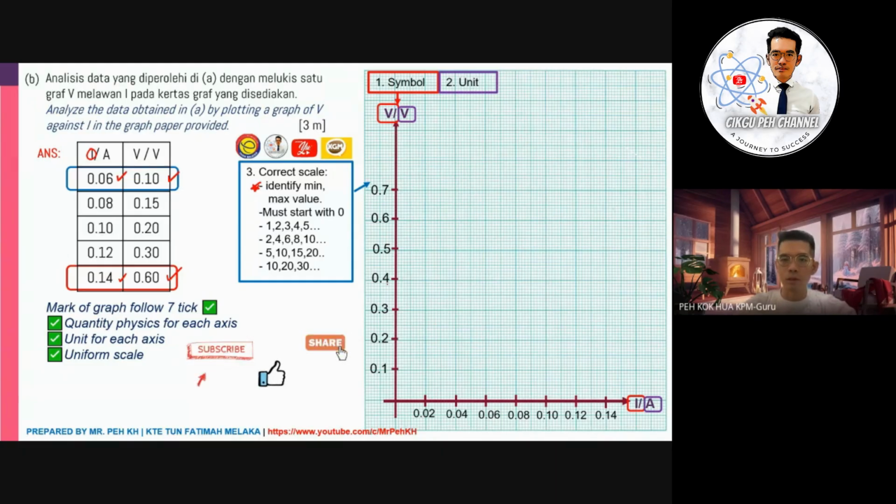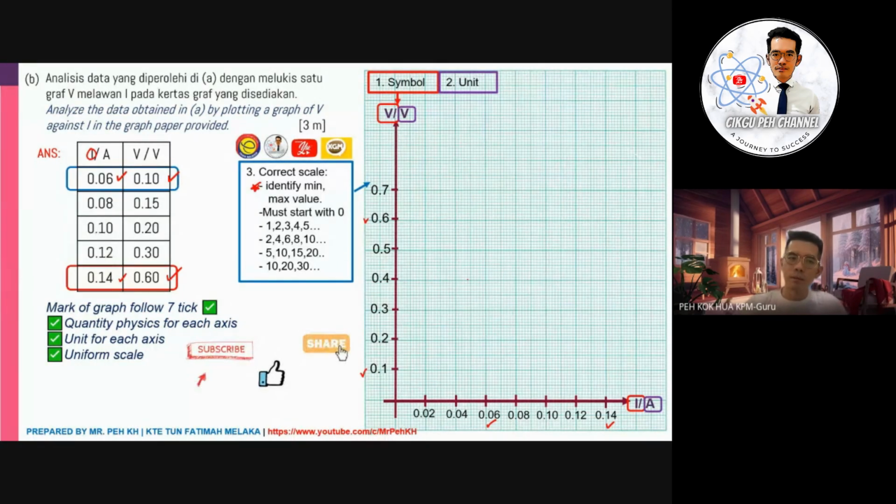Your scale must include the minimum and maximum values. You can see my scale here, 0.06 here, 0.14 is here. Then the voltmeter reading is 0.1 to 0.6. So you can see all my readings are included in the scale.